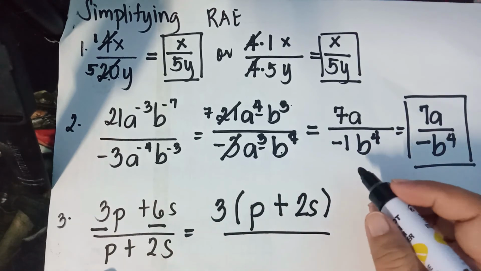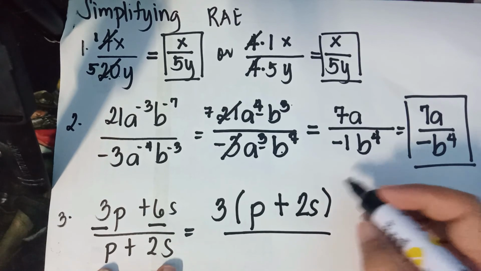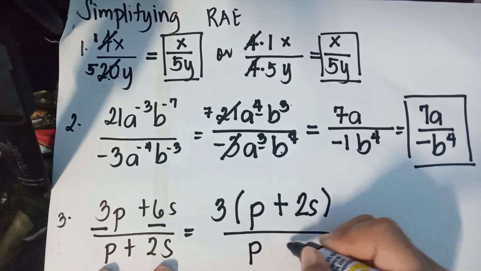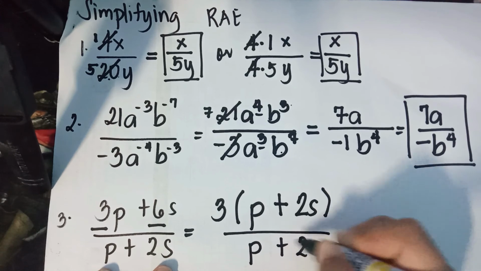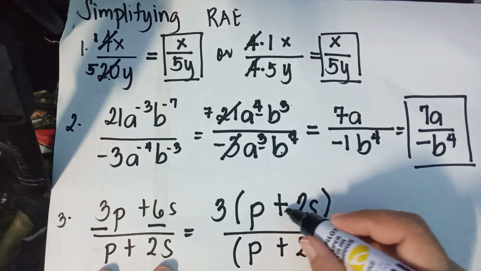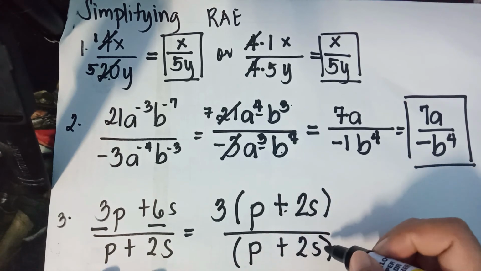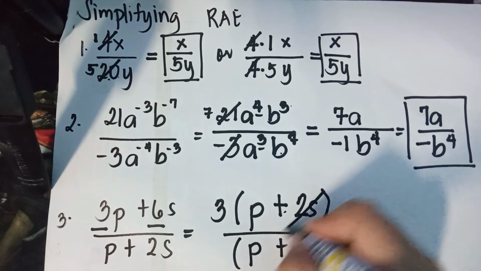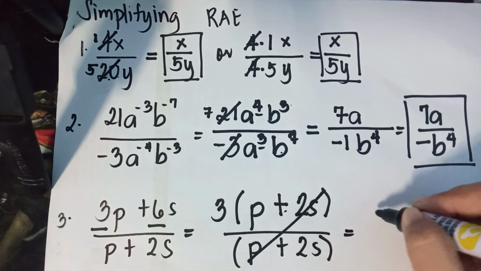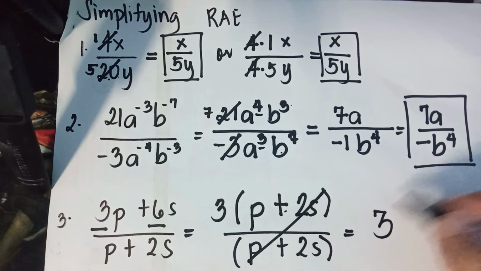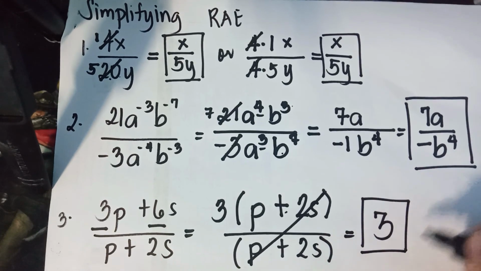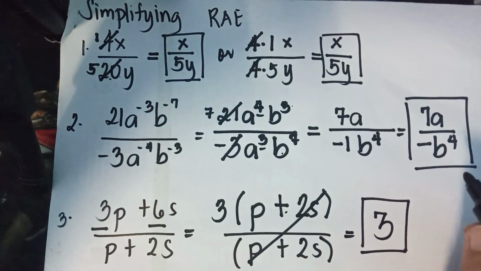Since there is no common factor between p and 2s, all you need to do is copy. Since p plus 2s and p plus 2s are binomials and they are the same, we can cancel out. Then our final answer is 3. That is how to simplify rational algebraic expressions.